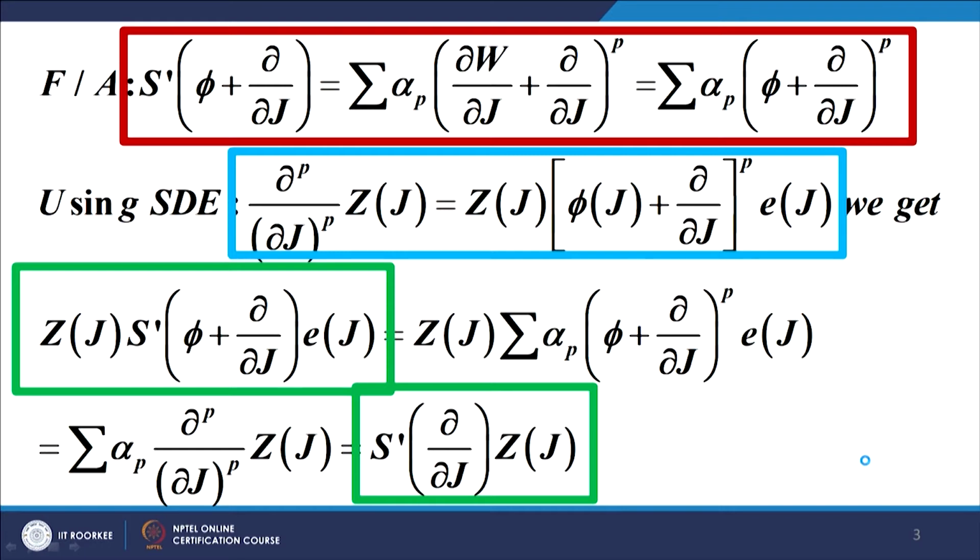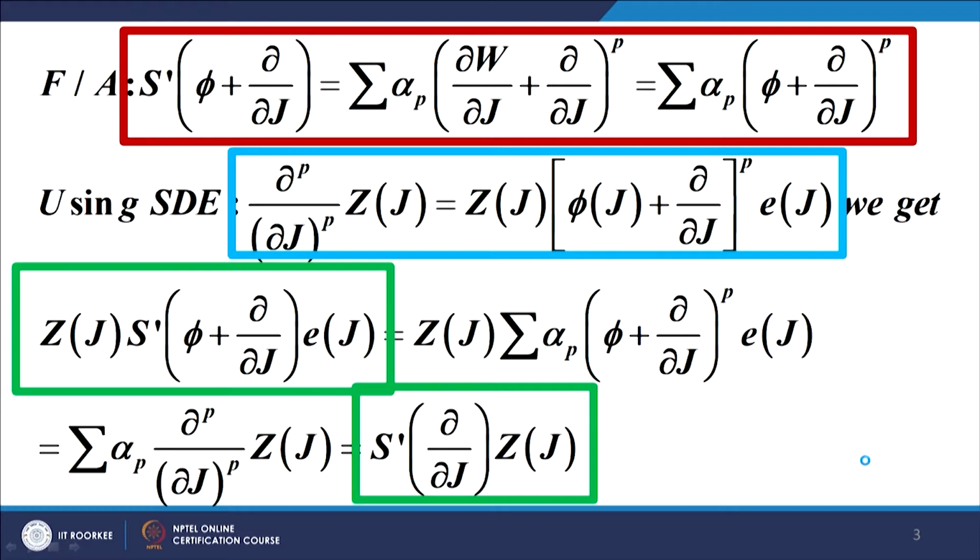and you see, the point is this expression holds for every p, and remember we have expanded the action derivative, that is S dash, as a power series in phi plus d by dj.